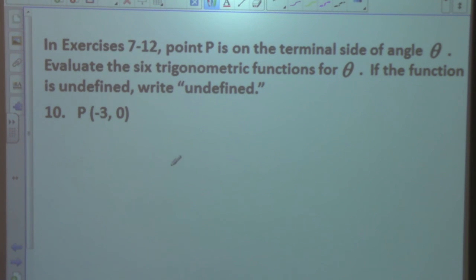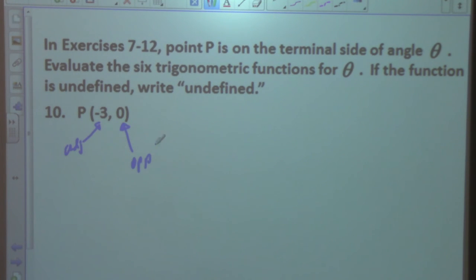So the opposite is going to be 0, the adjacent is going to be -3, and the hypotenuse is going to be -3. So that's your adjacent, and this is your opposite. And what is your hypotenuse? Okay, let me show you this. Yeah, this is your opposite.